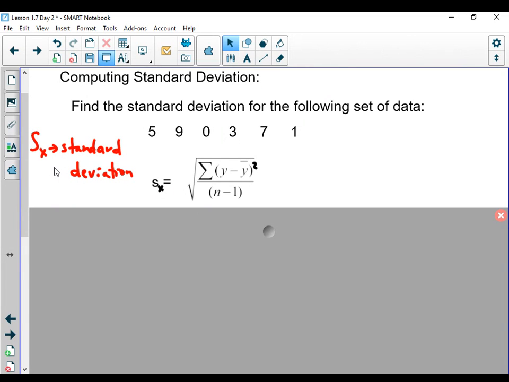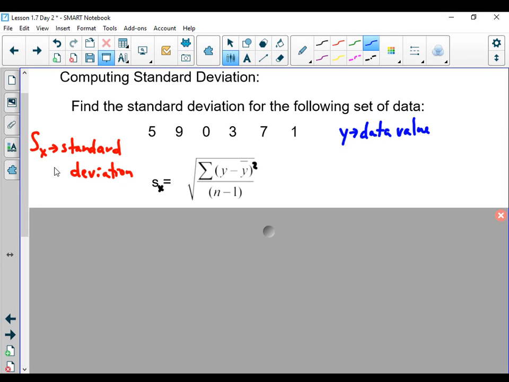The pieces, though, of the formula, the y is just the data value. Remember, standard deviation eventually uses all the data values. The y bar, what did we say the other day x bar was? I'm sorry.